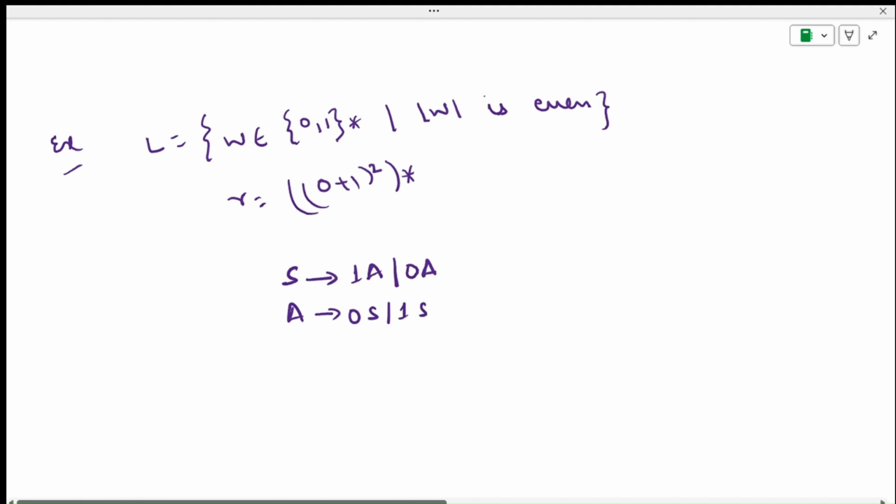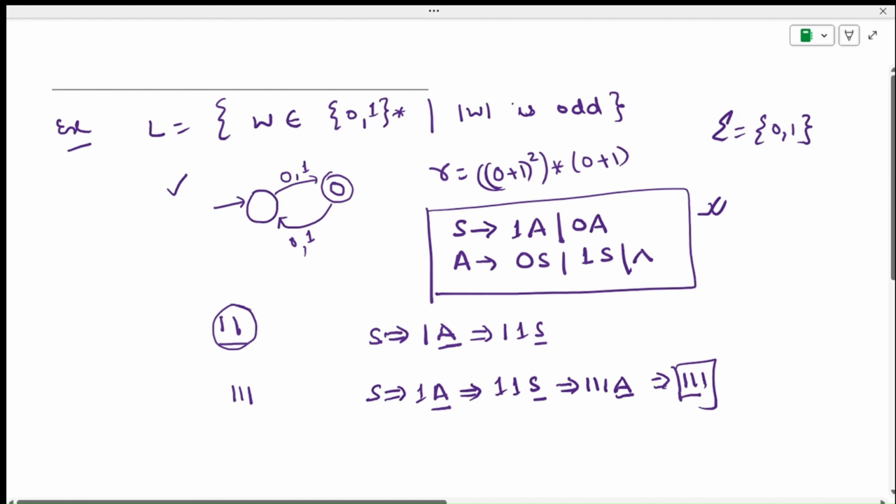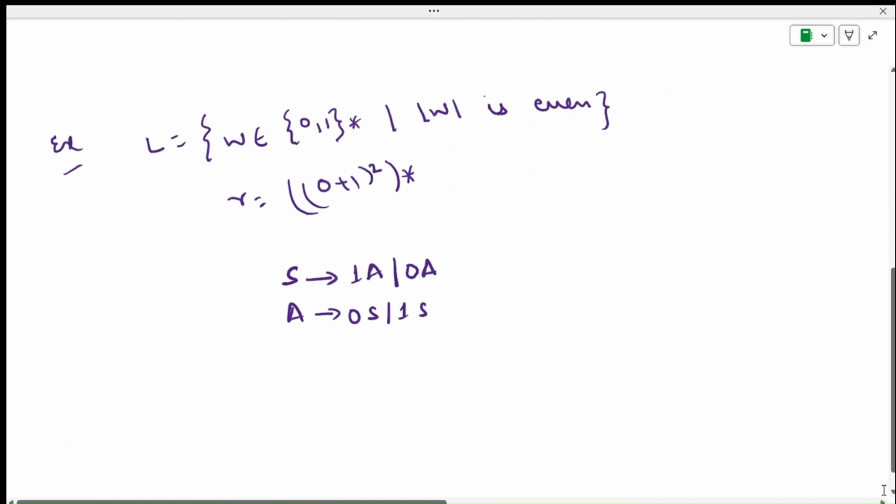Just let me show you that. The only difference is that instead of writing null here, I will put this null with S to make sure that the string is always an even length string. So I will write null here. In this case, I will always be able to generate the even length string.